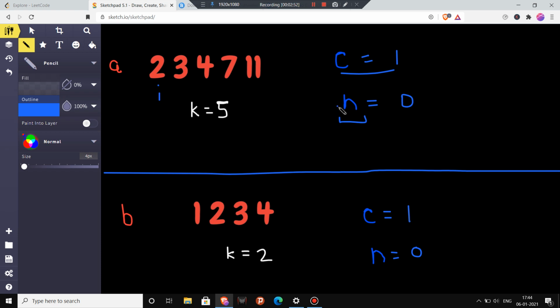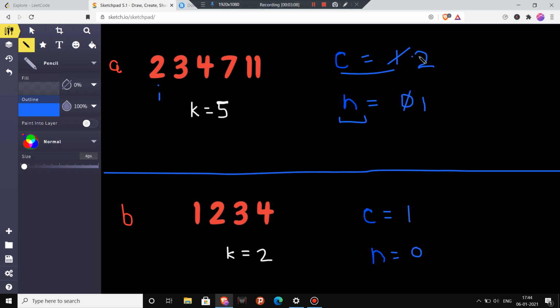Moving forward, our C is equal to 1, our A of I is equal to 2. They are not equal, so we will increment our C and we will increment our N as we have found our missing number.